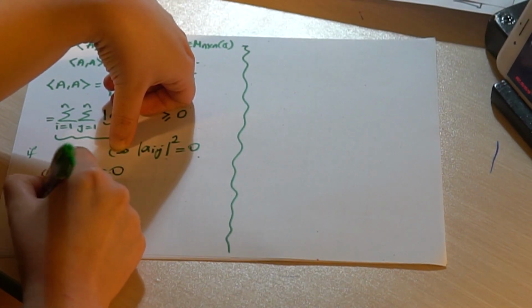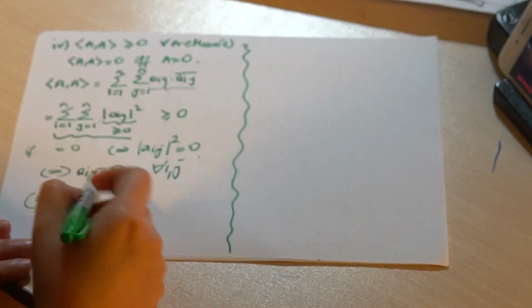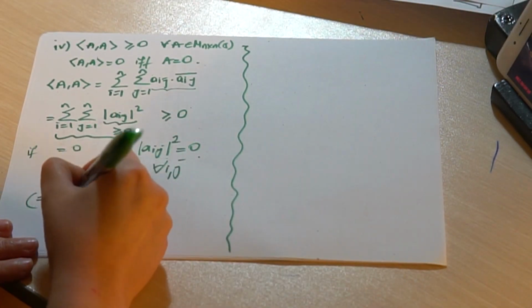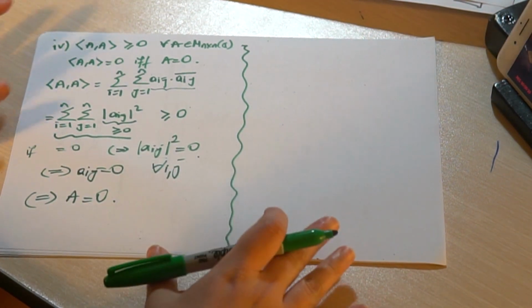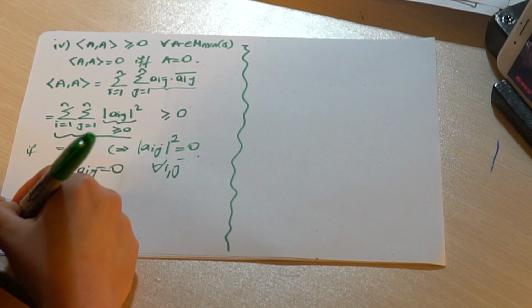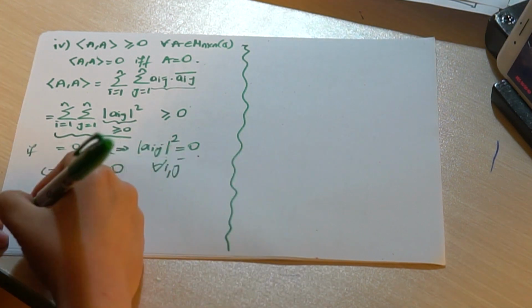So, since every entry of the matrix is equal to 0, A is equal to 0. So, this completes the first part. So, it satisfies four of the Hermitian inner product properties.